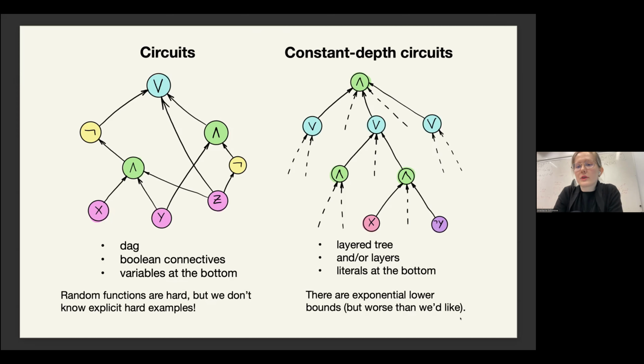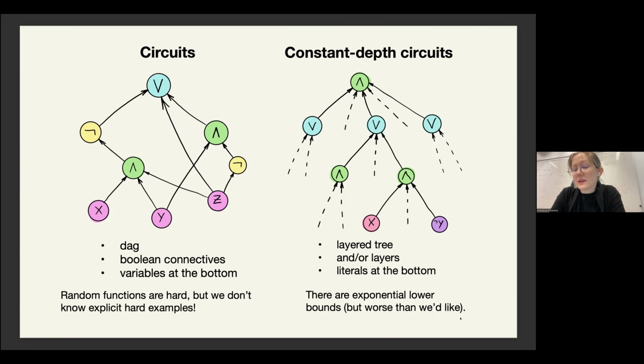But there are more restricted classes of circuits for which we can actually prove some exponential lower bounds, though they are not as good as we'd like them to be. But this is better than nothing. So people study, for example, constant depth circuits. Here, instead of just a directed acyclic graph, we have a layered tree.